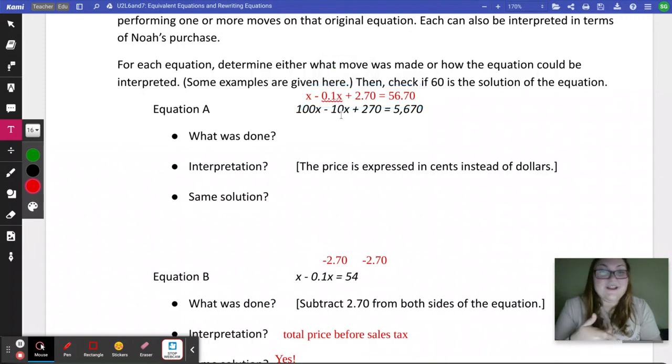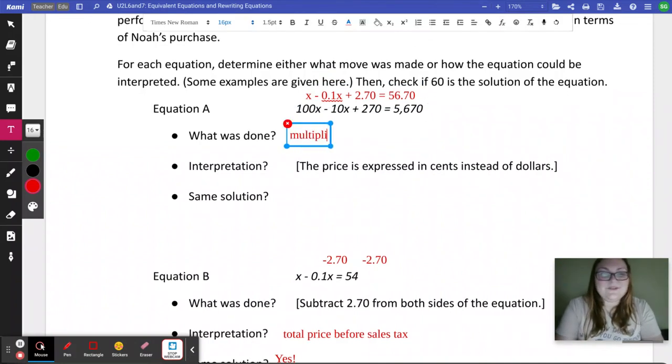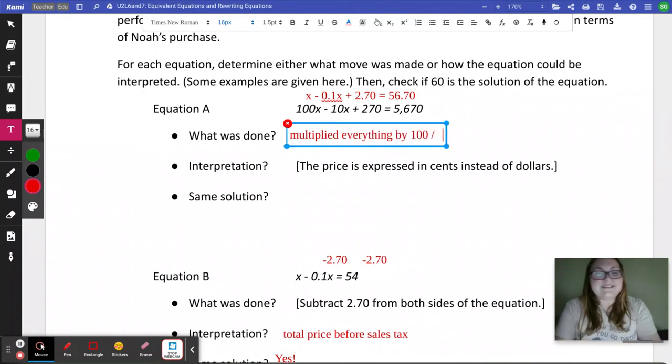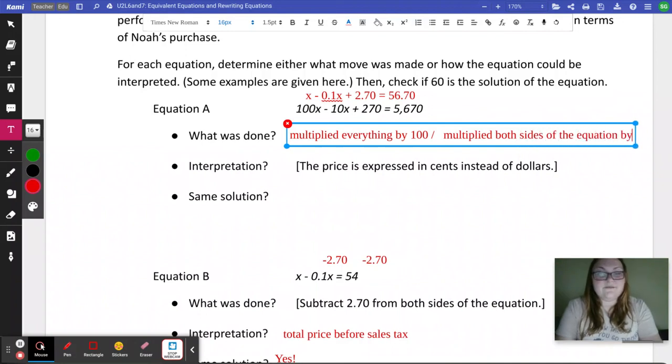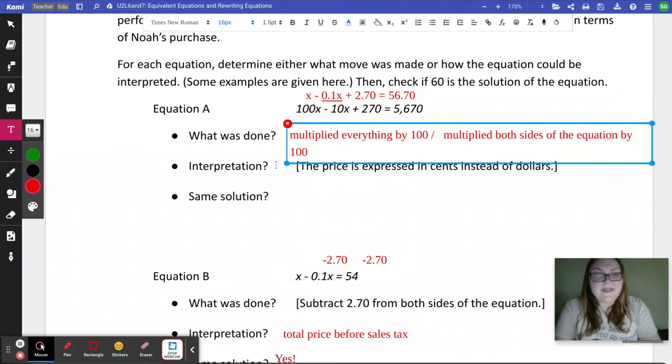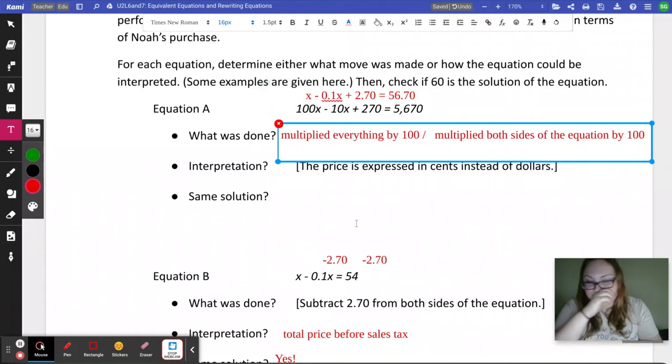Yep. 0.1 times 100 gets you to 10. Did I multiply this by 100? Yes. Did I multiply this by 100? Yes. So we could say we multiplied everything by 100. Or you might say we multiplied both sides of the equation by 100. That was mathematically what was done to that equation.